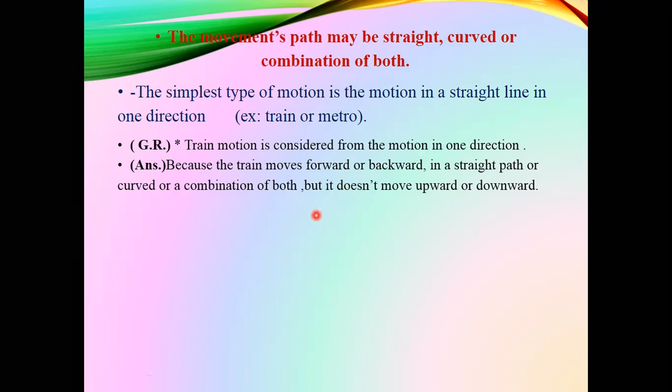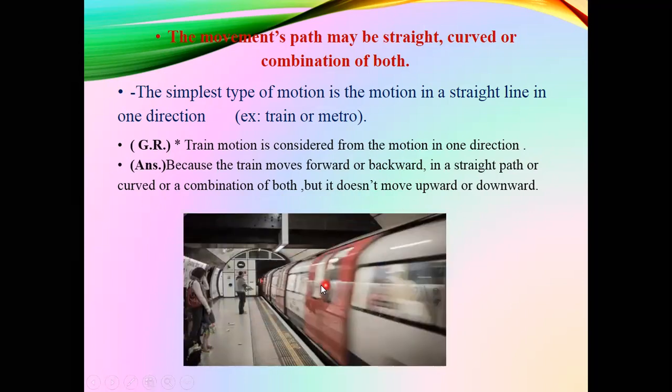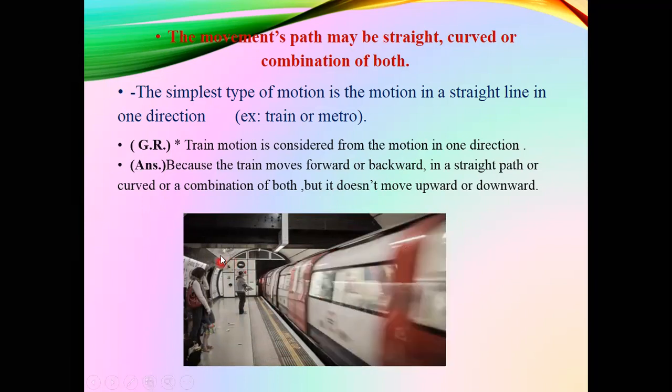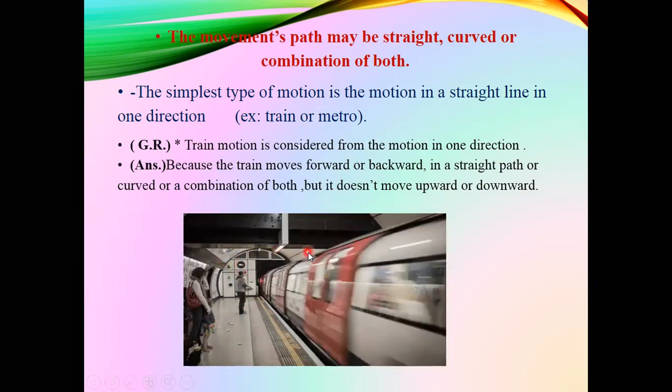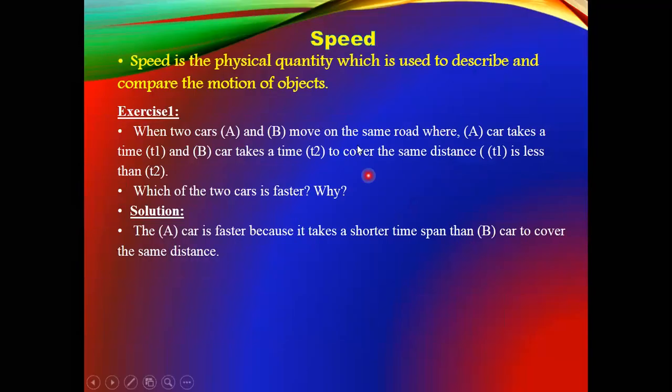It doesn't go back and forth randomly; it moves forward or backward. Its path may be one of three paths, straight, curved, or a combination of both, like in forward or backward. It doesn't move upward and downward. It only moves forward and backward. That is why we call it in one direction. Okay? So the metro moves in one direction. Either it goes this way, or it stops at the end and then goes back. Only one direction.